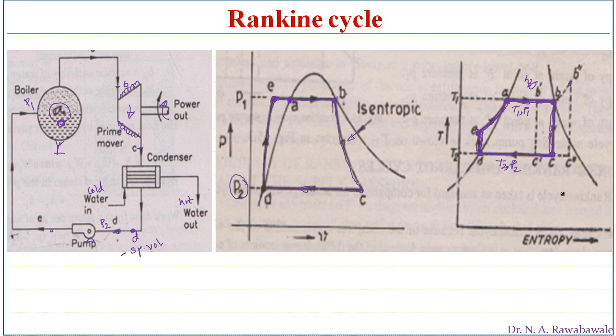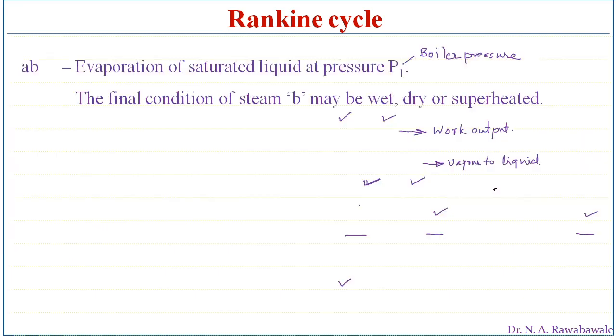So enthalpy at A, enthalpy at B, enthalpy at C, enthalpy of water at D, enthalpy of water at E. So in this way we find enthalpies at various points.